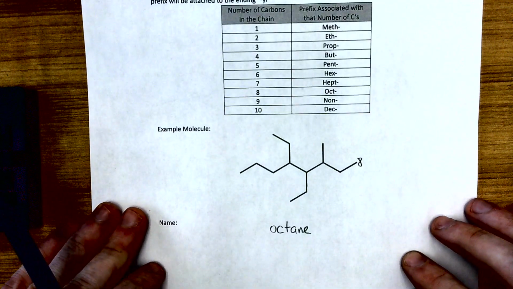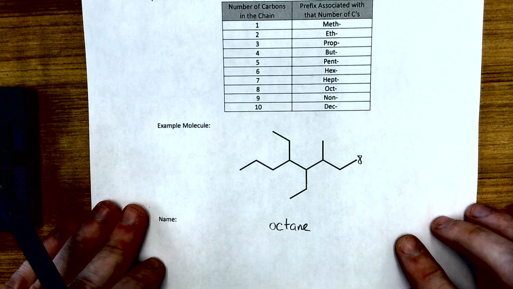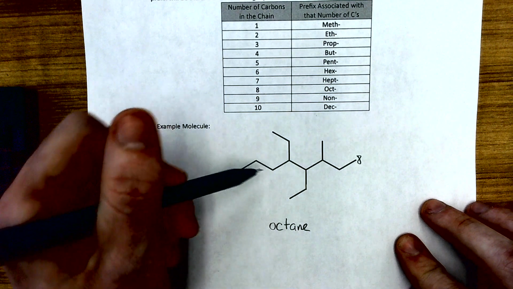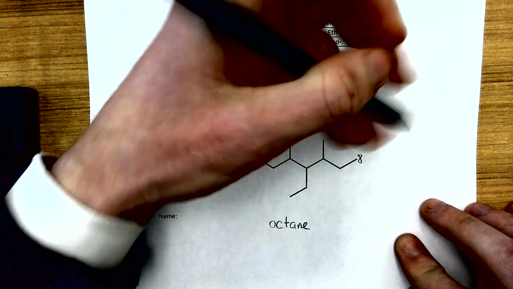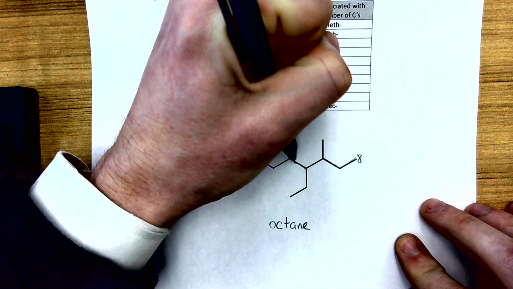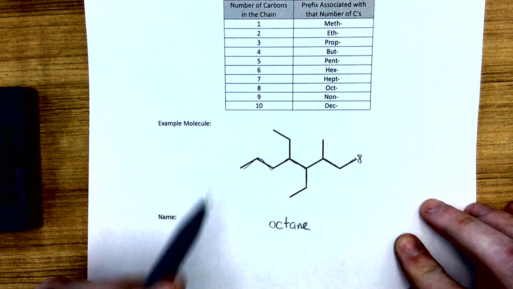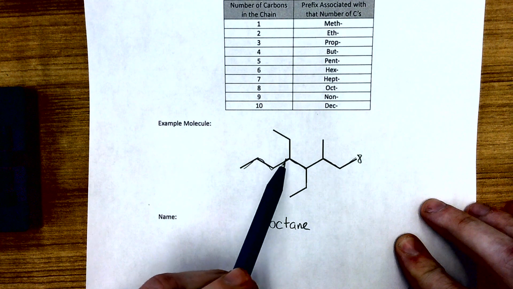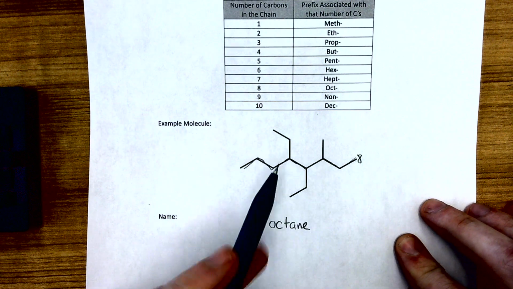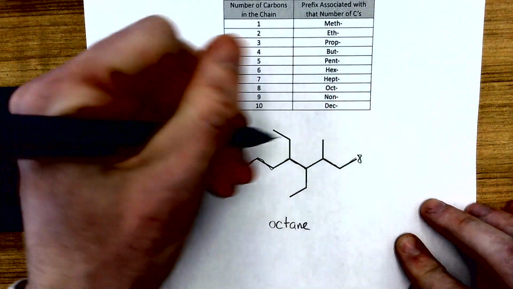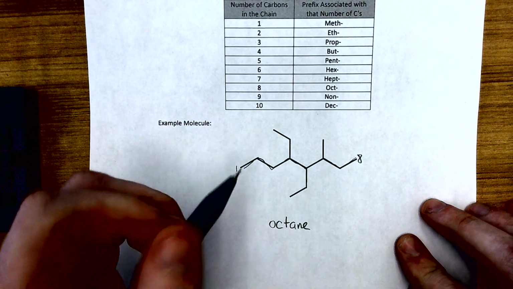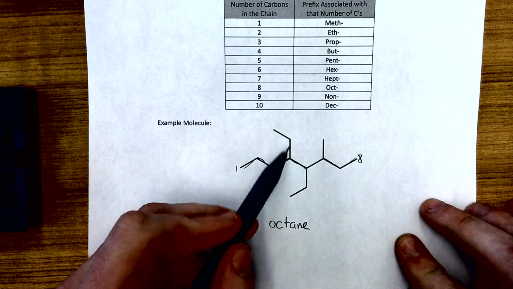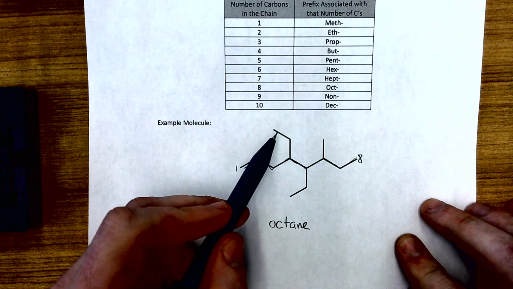So let's take a look at this molecule here and see if we can follow all these rules. We want to start numbering this backbone. I'll highlight it. We want to start numbering this such that the first branch has the lowest number possible. So if we call this 1, 2, 3, 4, the first branch is going to be coming out of carbon 4.